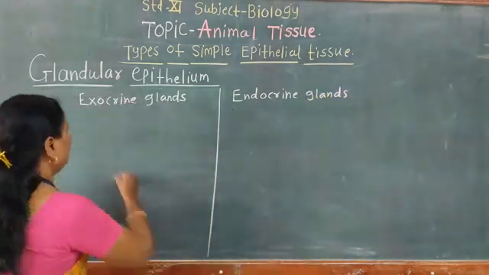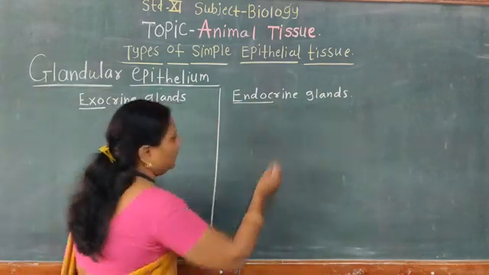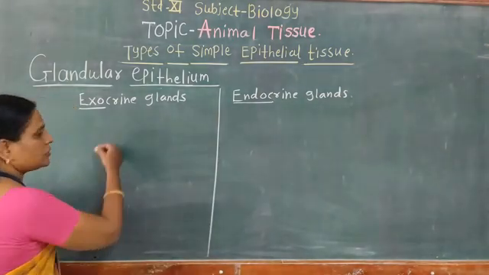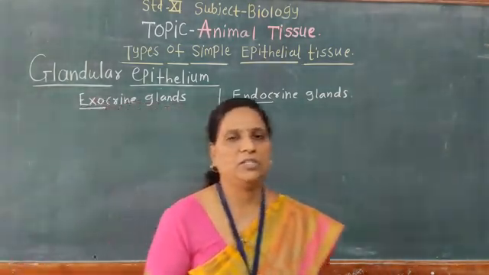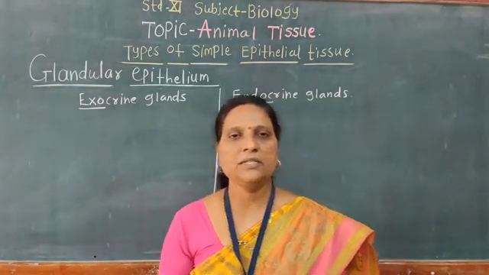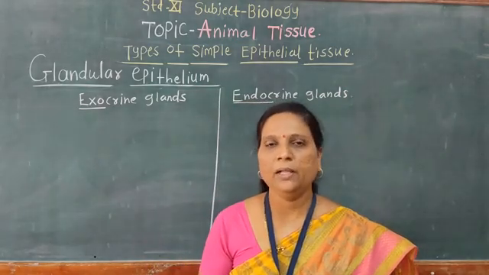Now what is the meaning of the word exo? It means outside, endo means inside. These are multicellular glands which mainly secrete different secretions like enzymes, hormones, sweat, oil, milk.